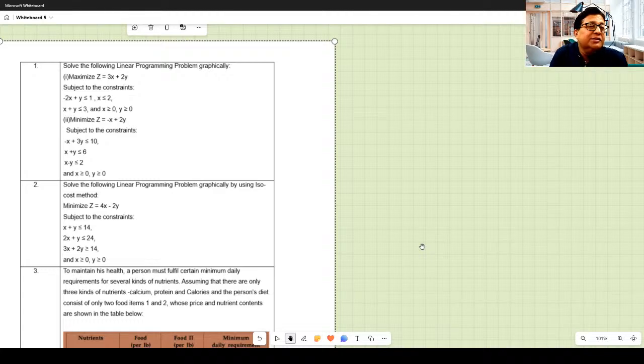by two methods. One is the corner point method and the other one is Isoprofit or Isocost method. So without wasting our time, let us start. What is corner point method and what is Isoprofit or Isocost method?